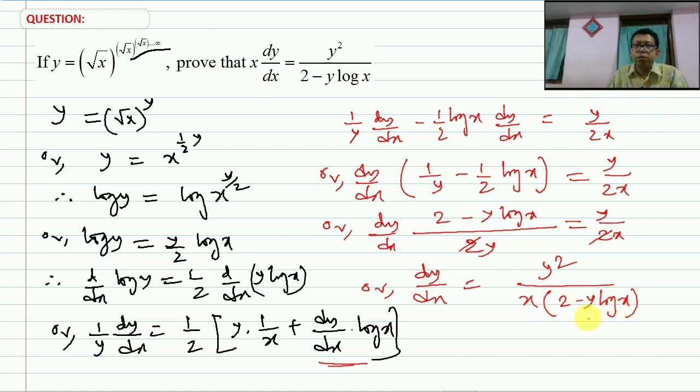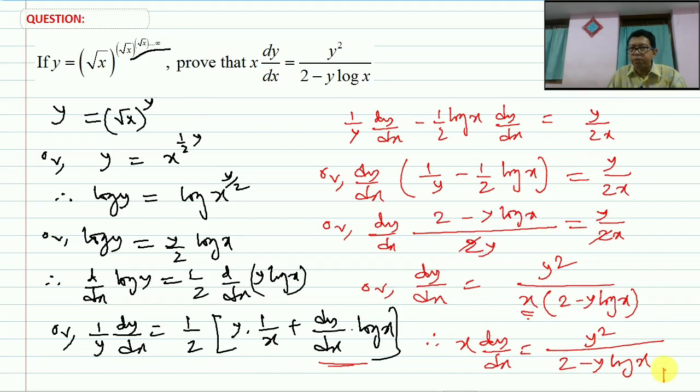Is it your proof? No, not yet. In your proof x is on the left side, so you have to transfer this x to the left side. Therefore ultimately you get x dy/dx equal to y squared divided by 2 minus y log of x, hence the proof.